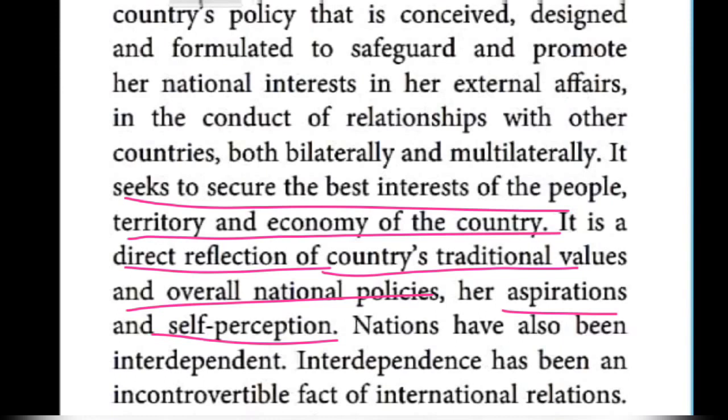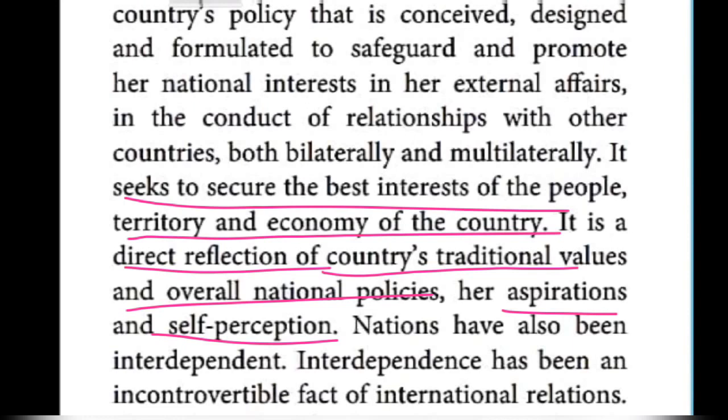What is the meaning of self-perception? Opinion. So foreign policy is reflecting the country's traditional values, the cultural values, as well as the national policies, and the country's aspirations, meaning ambitions, and self-perception, meaning self opinion.